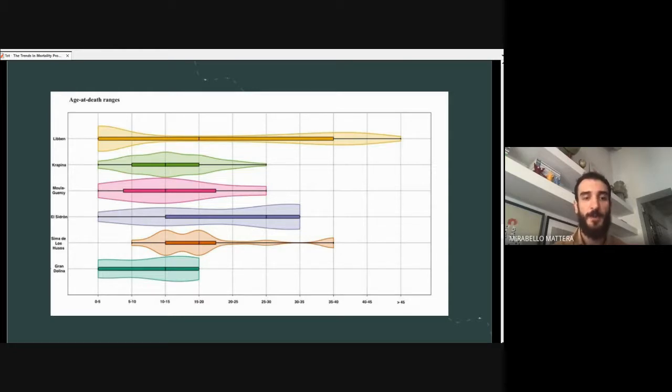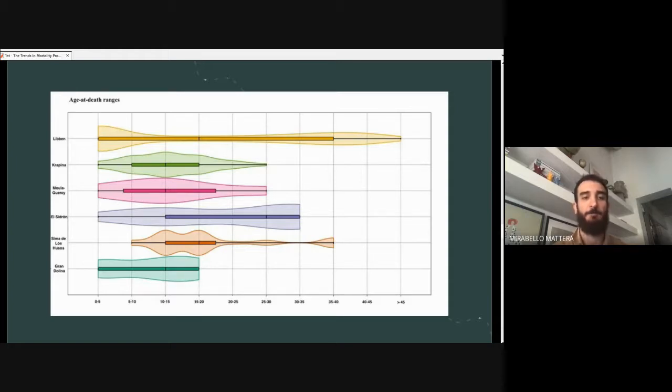In fact, we can clearly see that the infant mortality is really high, then the curve tends to decrease and then to increase again with the older and middle-aged individuals.